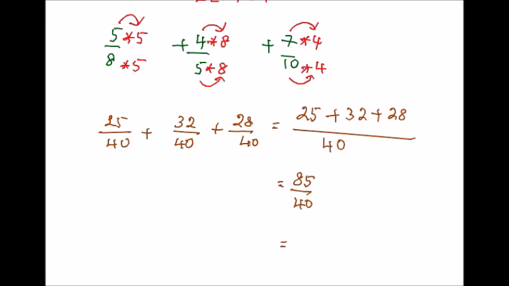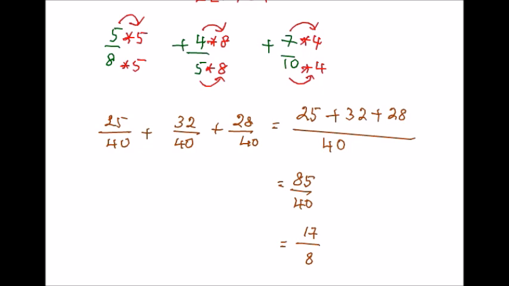So divide 85 by 5. We will get 17, since 5 times 17 will give you 85. And the denominator will be 8. I don't think there is a common factor between 17 and 8. So this is the final answer for this one.